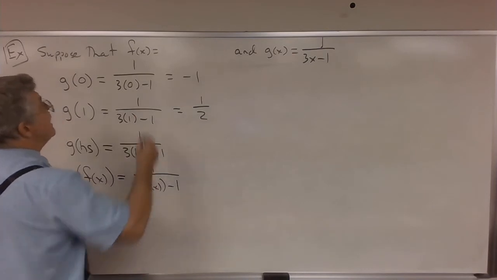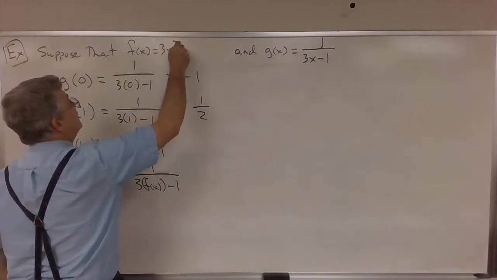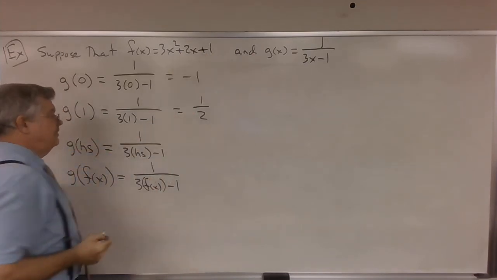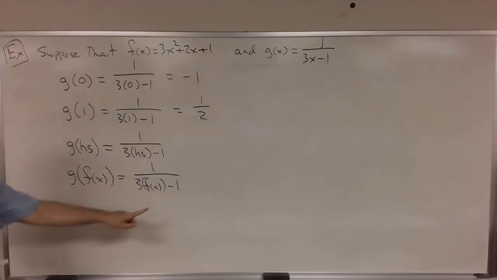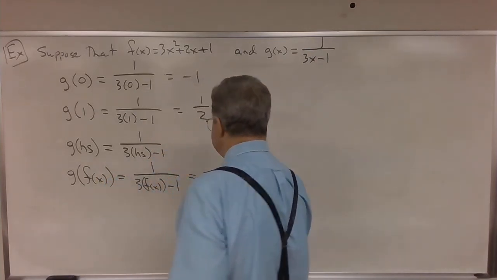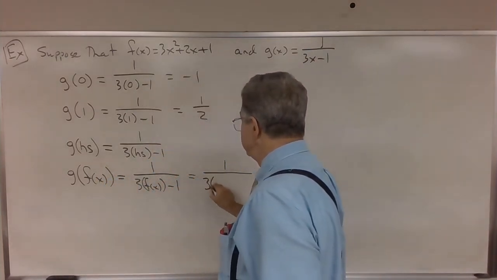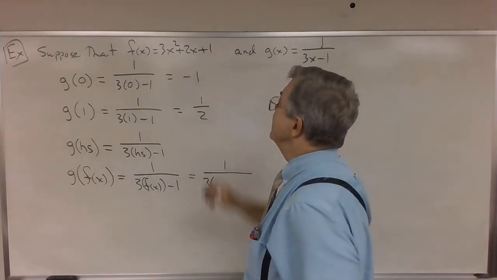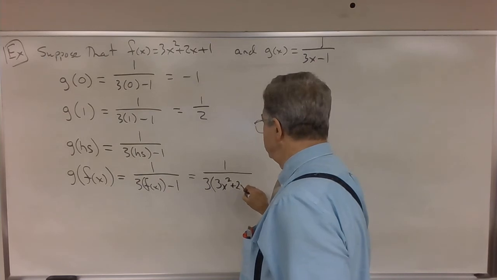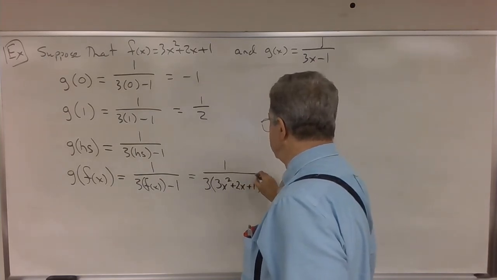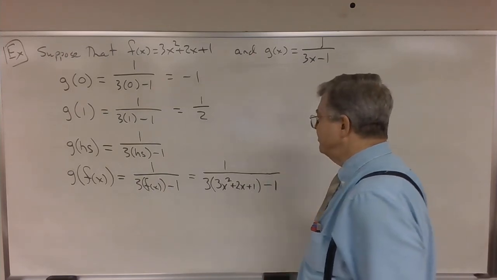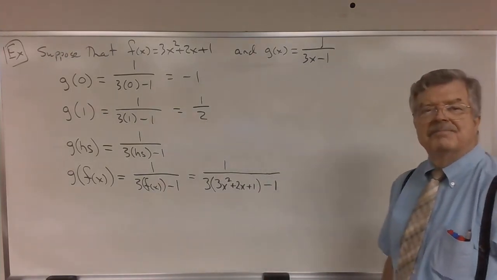And I just remembered what f of x was. Son of a gun. It's 3x squared plus 2x plus 1. So now I can finish this. It's going to be 1 over 3 times f of x, but that's 3x squared plus 2x plus 1, minus 1. Cool.